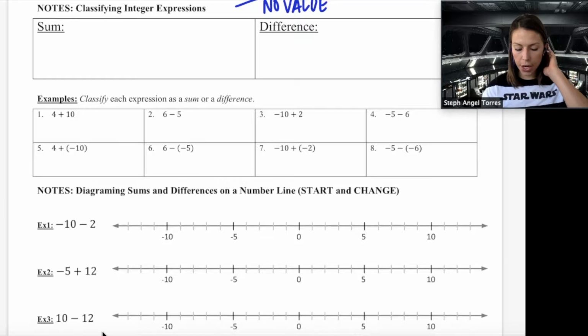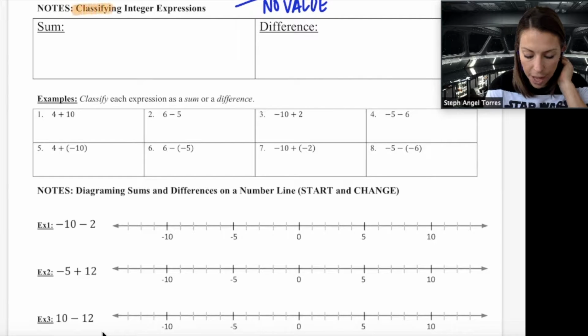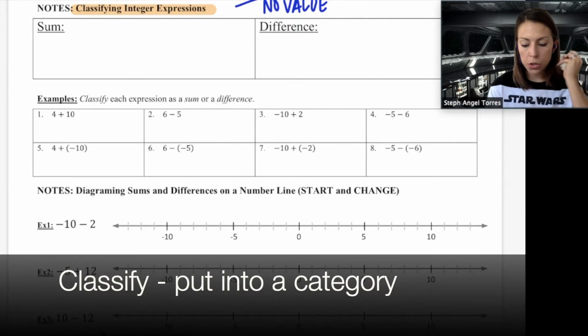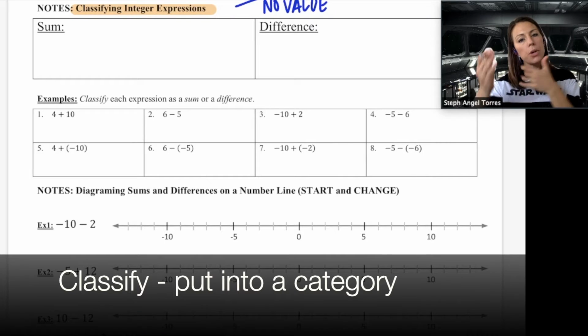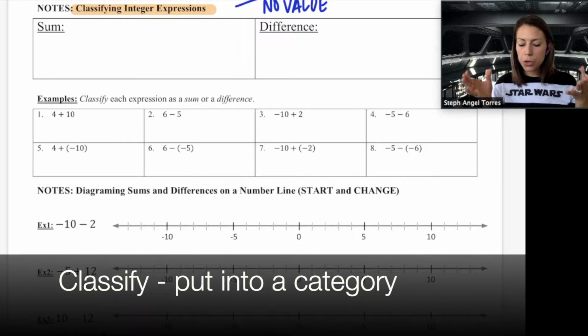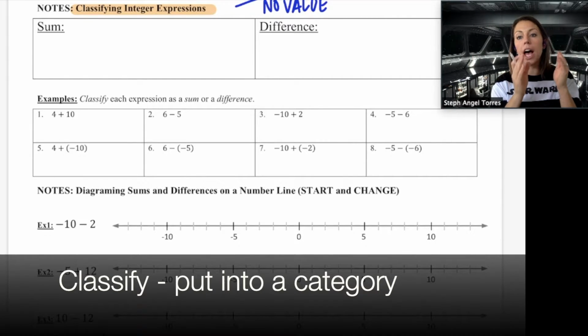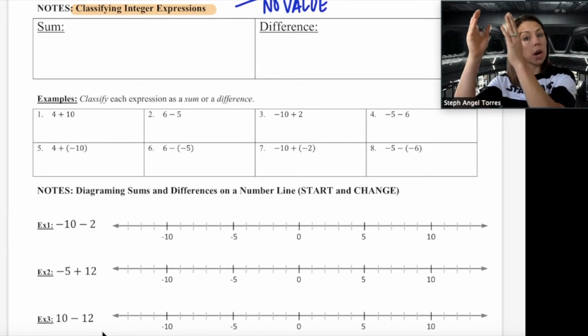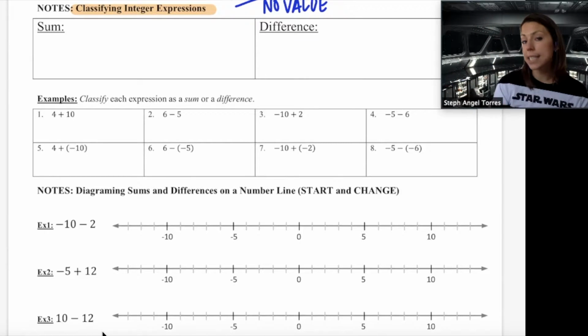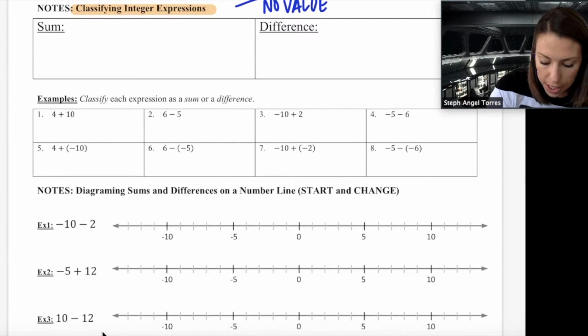Okay, so notice here where it says classifying integer expressions. To classify means to put into a category. So what we're doing is we're taking these integer expressions, these number sentences with these numbers, and we're going to either put them into the category of sum or difference. So if it is a sum, that means that the expression contains addition.